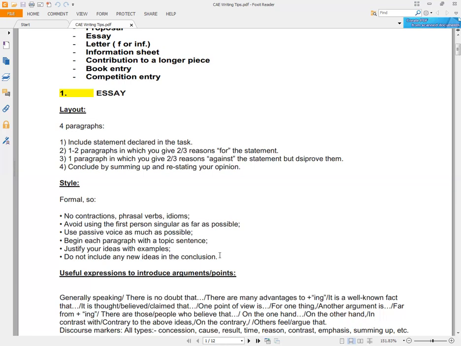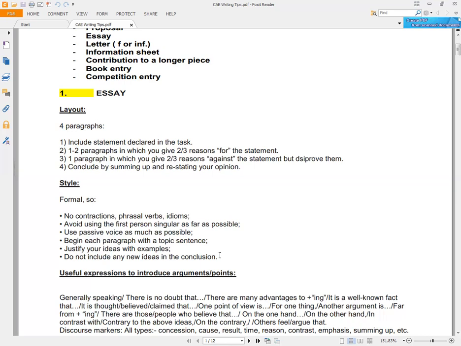What's important is to use the third person, he, she, they, and so on. Using passive voice as much as possible is better than using active voice. And instead of saying people say that money is important, you can say it is said that money is important around the world.